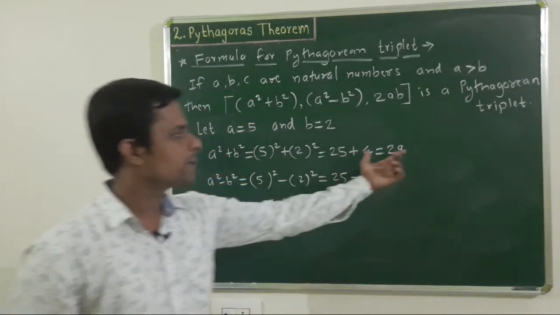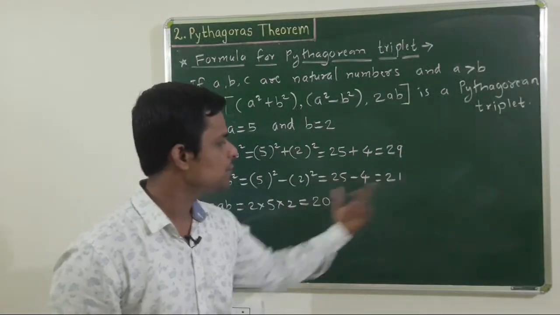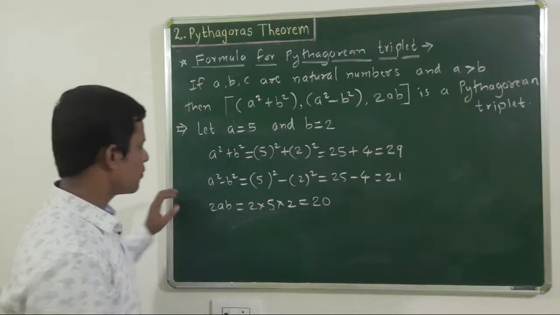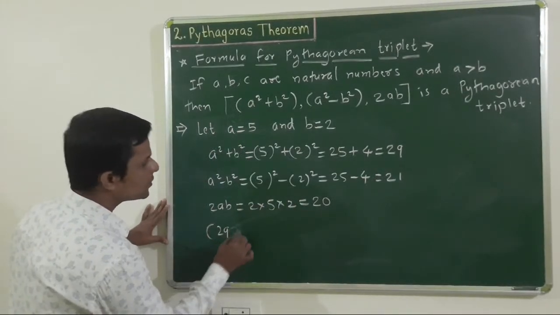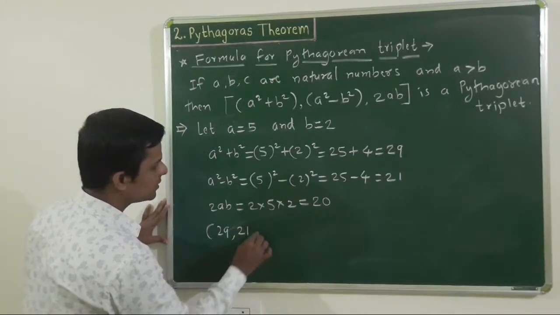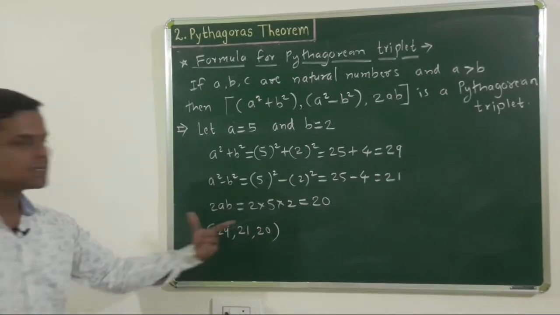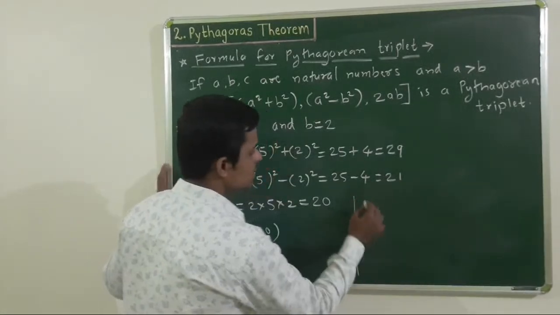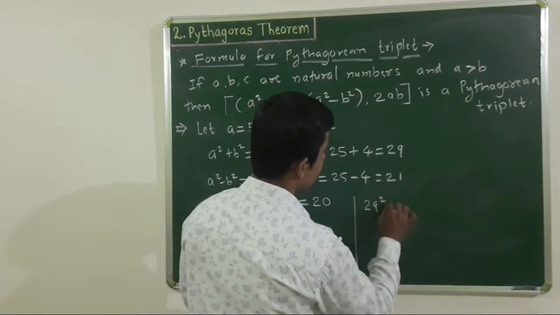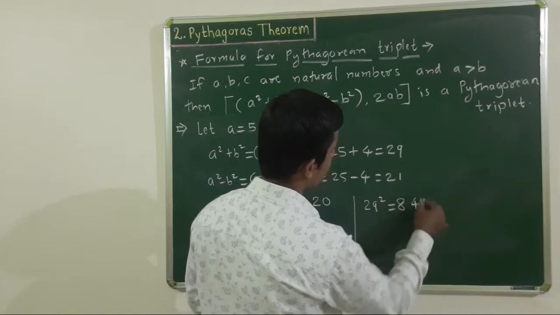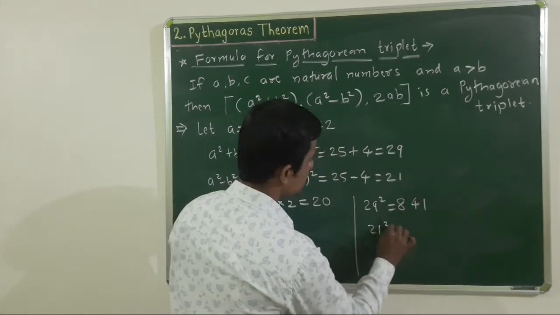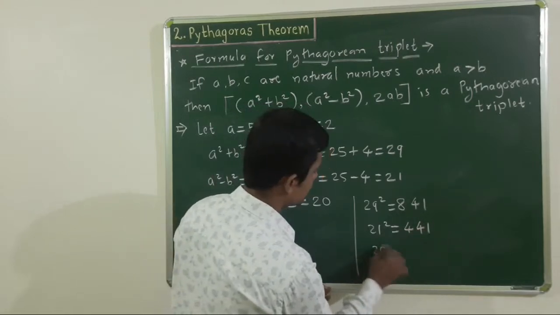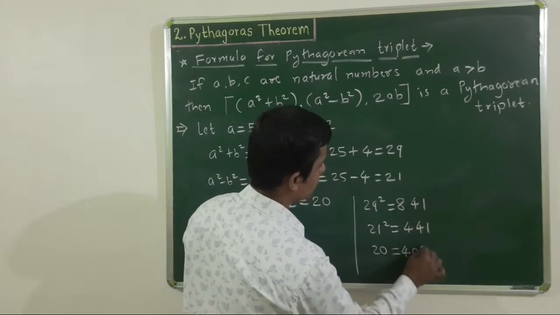The first term, or bigger number, is 29, and the remaining two numbers are 20 and 21. Now check whether these three numbers, 29, 21 and 20, form a Pythagorean triplet or not. Square of the bigger number, 29 square, is 841. 21 square is 441, and 20 square is 400.